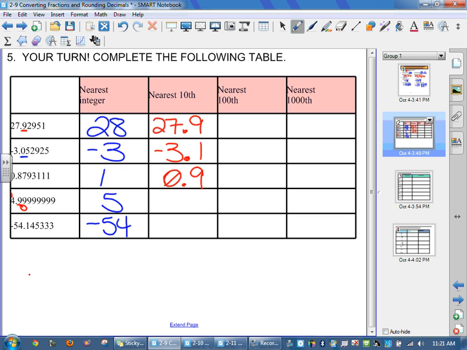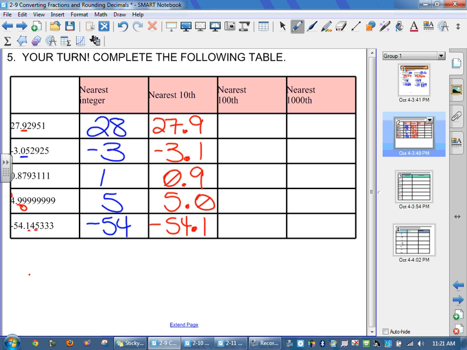So we're going to get 5.0. Do you have to show the 0 after? Yes, because it's asking for 10th place. So it says show that decimal even if it's a 0. Okay? That means it was rounded if you're showing that decimal place. On the next one, what does that 4 tell the 1 to do? Stays the same. So we get -54.1.